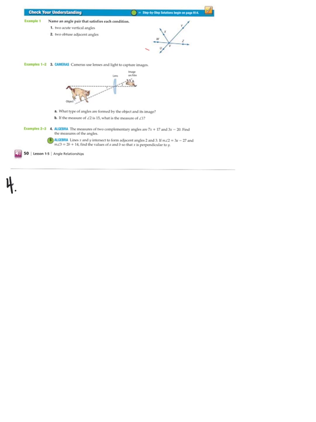So two complementary angles are 7x plus 17 and 3x minus 20. And they are complementary, so they add up to 90. We have to find the measures of the angles. So again, we're going to find x, and then we're going to plug that x in to find these missing angles. Let's see what we've got.